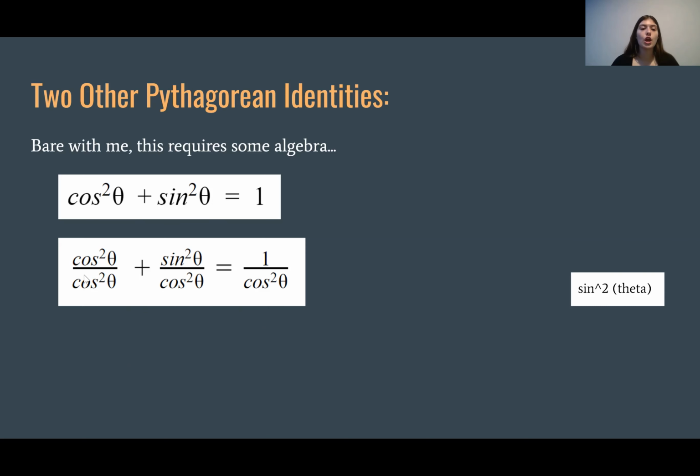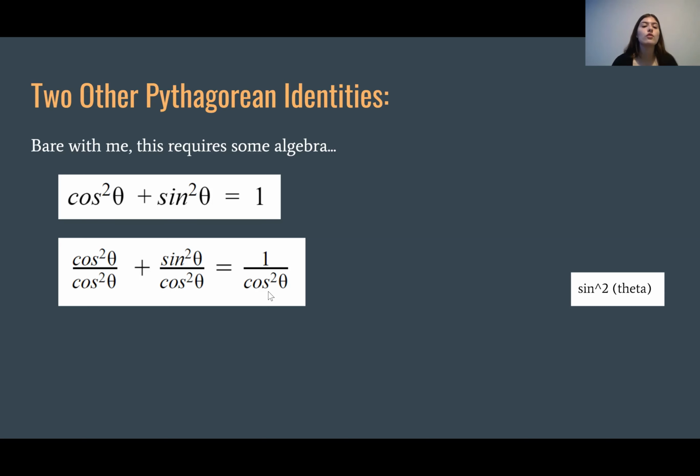Now notice, cosine squared theta divided by cosine squared theta cancels out and equals 1. Sine squared theta divided by cosine squared theta, we know from the quotient identity that tangent is equal to sine over cosine, so sine squared over cosine squared is equal to tangent squared. We also know from the reciprocal identities that we just learned that 1 over cosine is equal to secant.